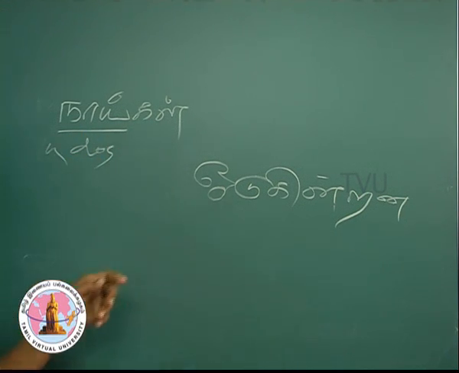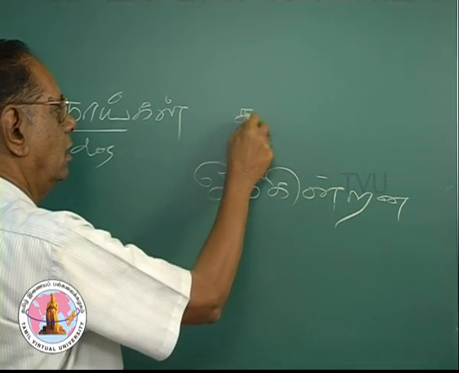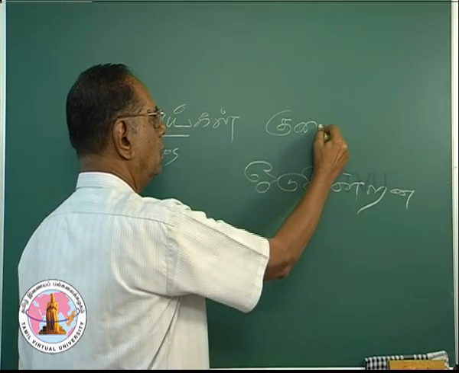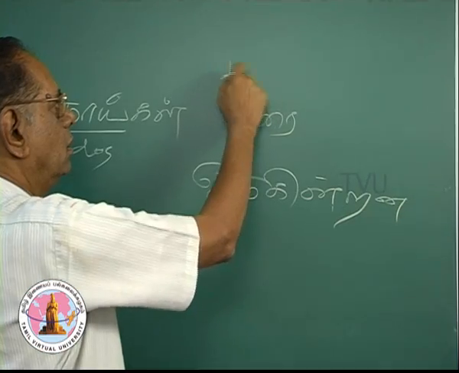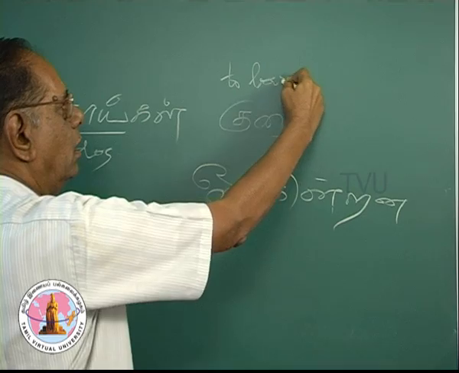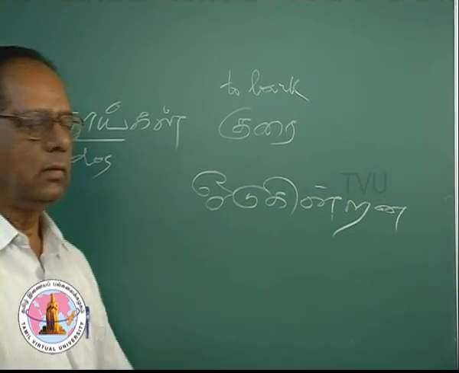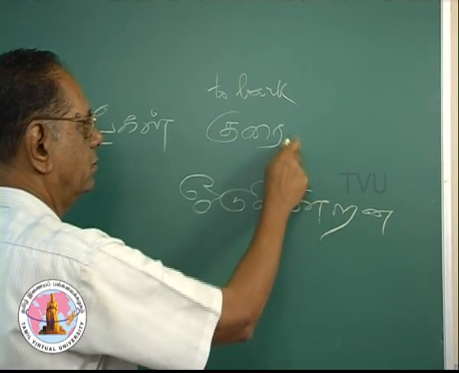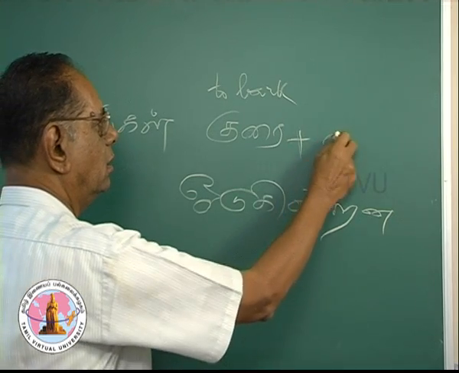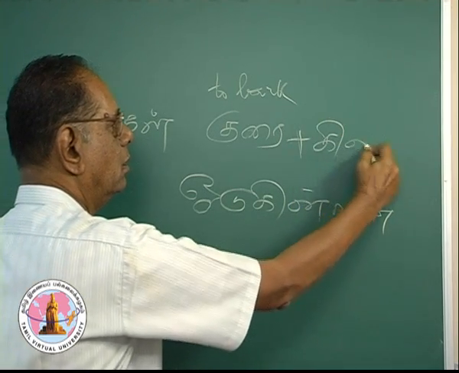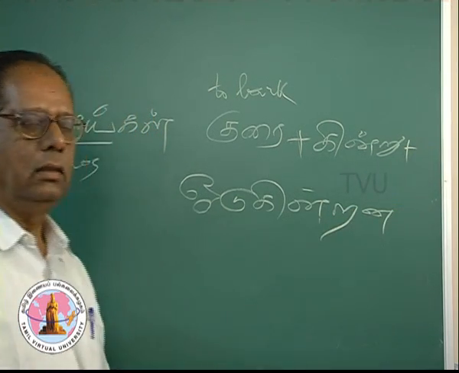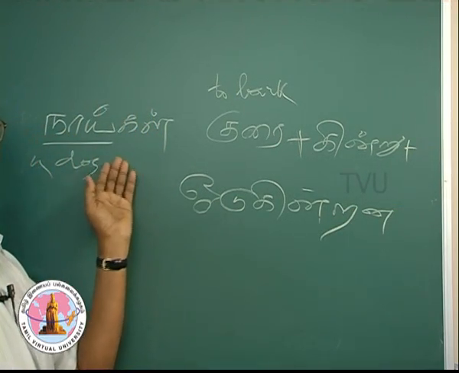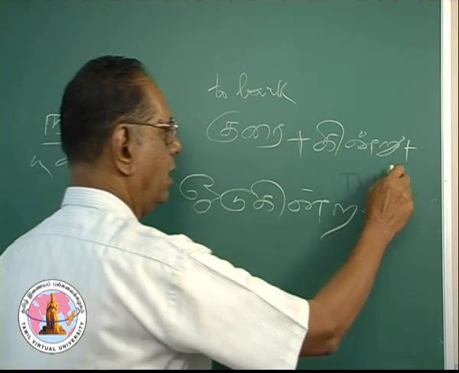நாய்கள், what do? They bark. குறை is to bark. Plus கின்று and for third person neuter plural ana.